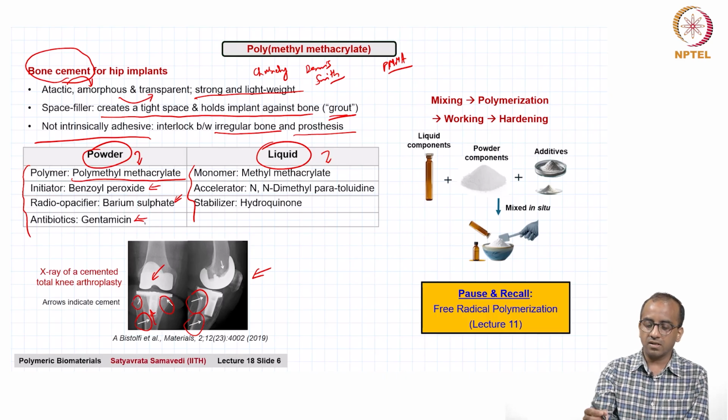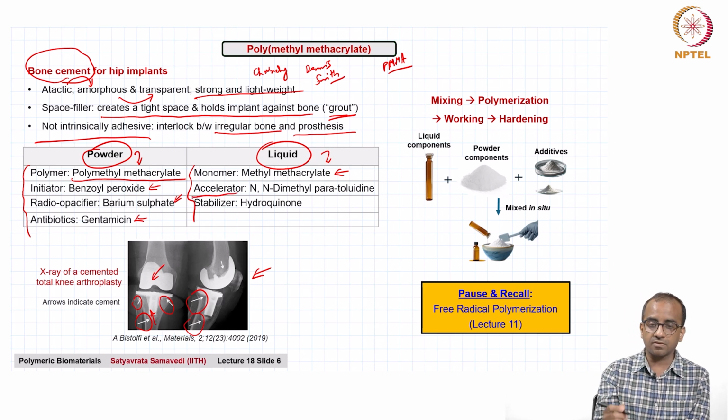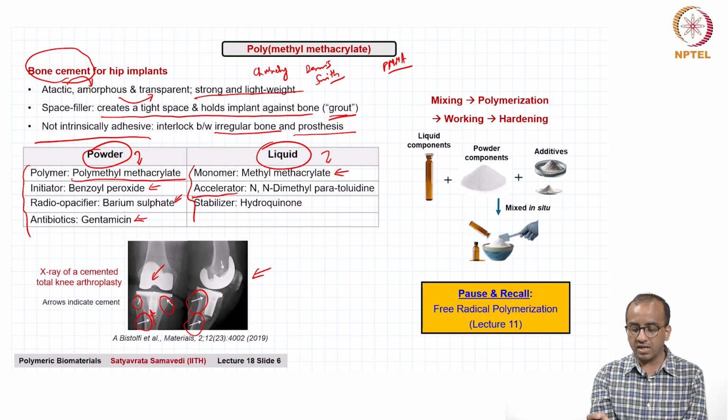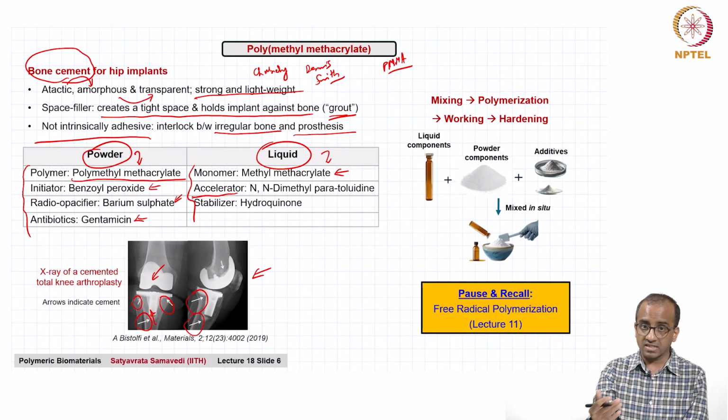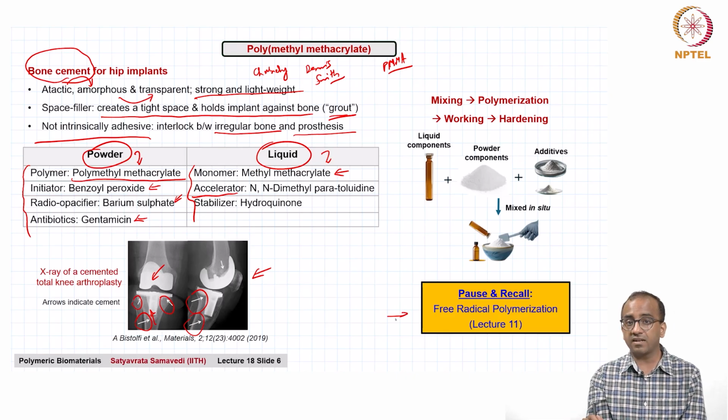Now, in the liquid part, what you have is the monomer methyl methacrylate, which in the presence of the accelerator, this N,N-dimethyl-para-toluidine, which also initiates the free radicals and accelerates the reaction, reacts to form and set as bone cement. Now, would be a good time to recall free radical polymerization concepts that we have seen in lecture 11 earlier.